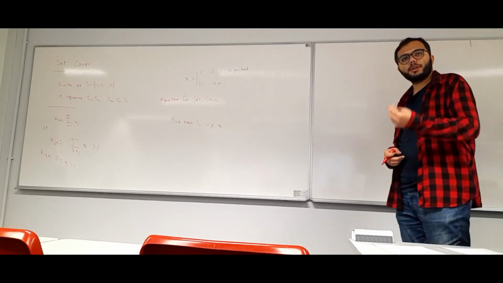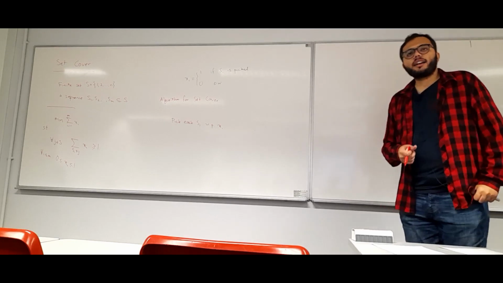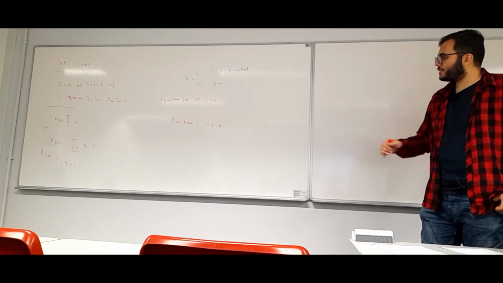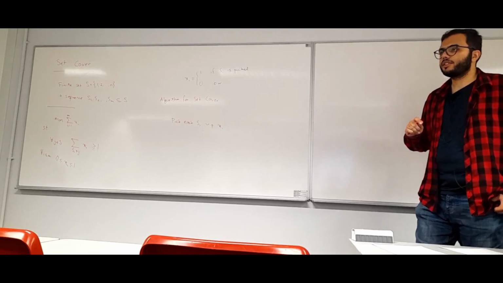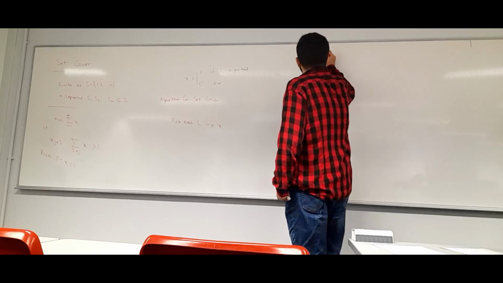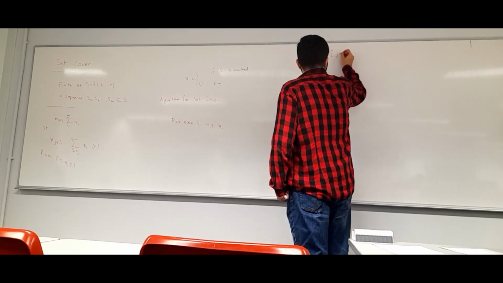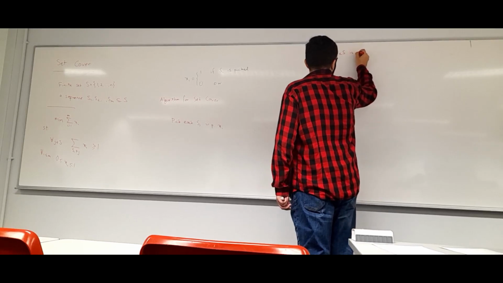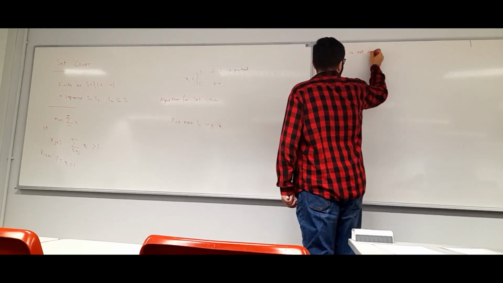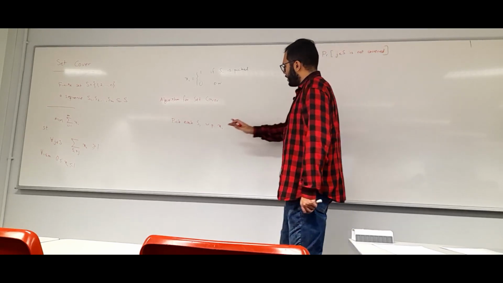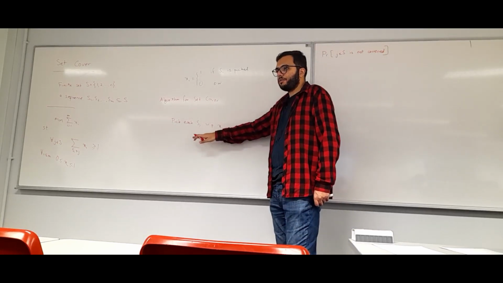Let's say I take some element j, and I ask you what is the probability that the element j is not covered. Okay, so what is the probability that j, which is in S, is not covered in my algorithm? And by that I mean I haven't taken any Si that includes j.